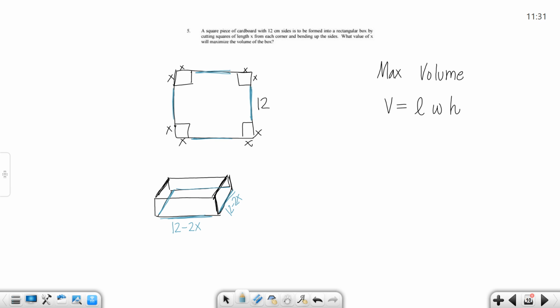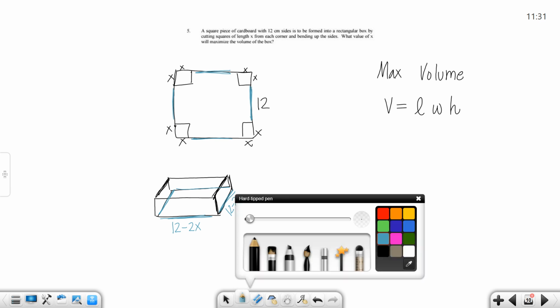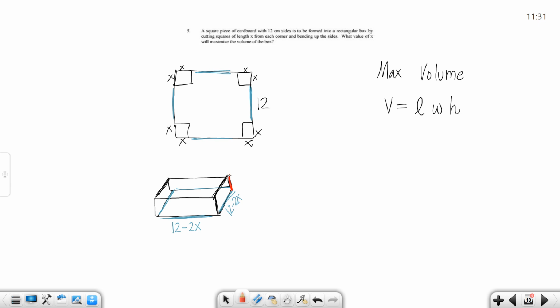When you actually fold up the box, this little piece right here, that's your size x. That's where you actually folded it up, so that makes the height of the box. So that's how you're going to find your dimensions. You have 12 minus 2x on one side, 12 minus 2x on the other, and your height is x.